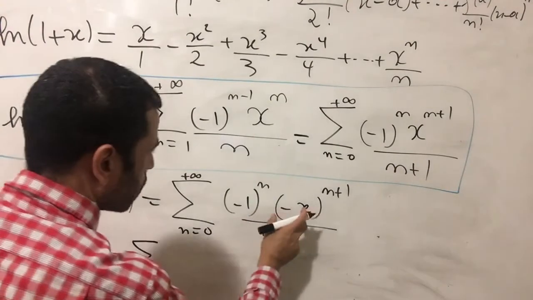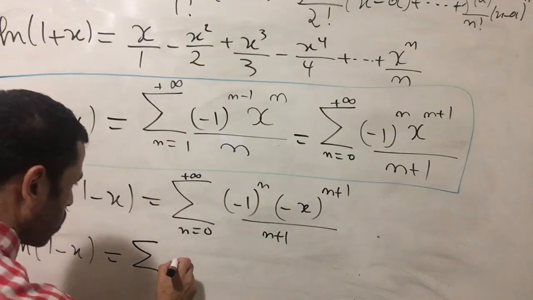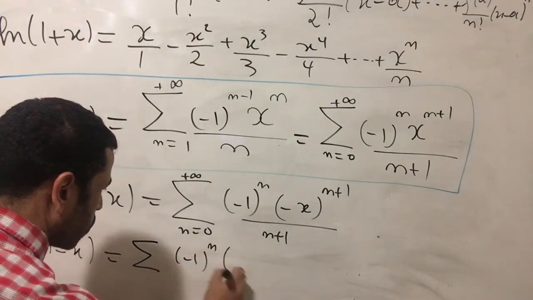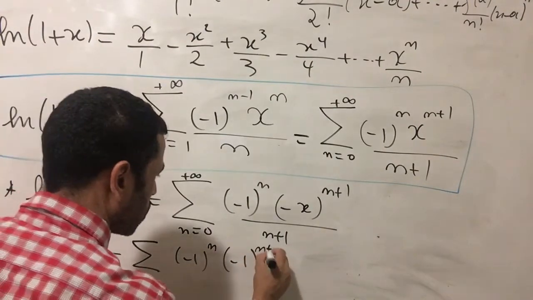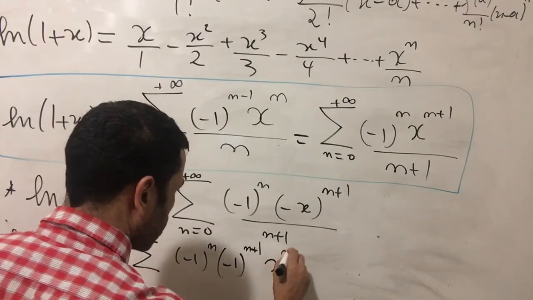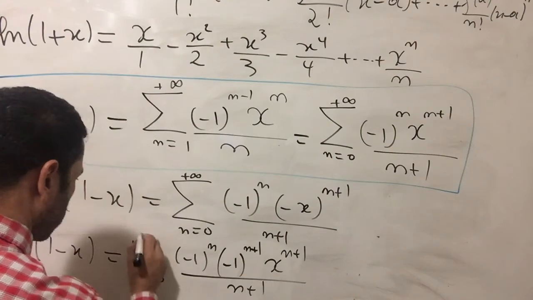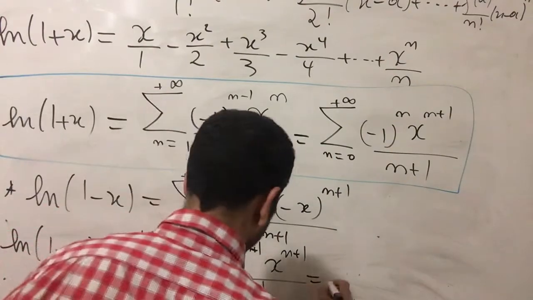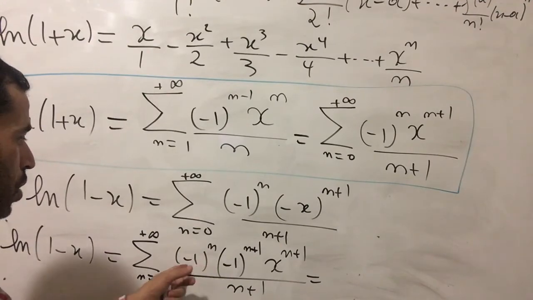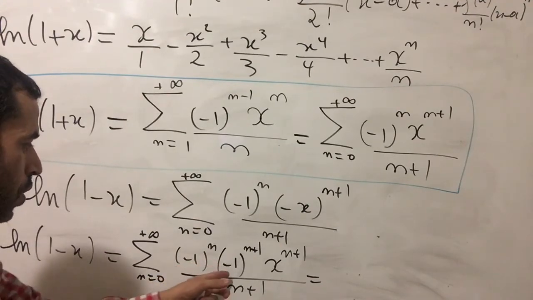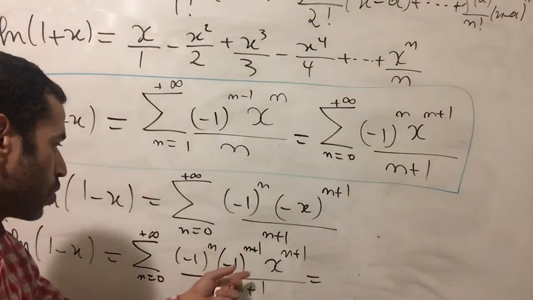I'm going to bring minus 1 to the n plus 1 outside. I will have minus 1 to the n multiplied by minus 1 to the n plus 1, multiplied by x to the n plus 1 over n plus 1, as n goes from 0 to plus infinity. As you see here, I can combine minus 1 to the n with minus 1 to the n, which gives us 1, multiplied by minus 1.